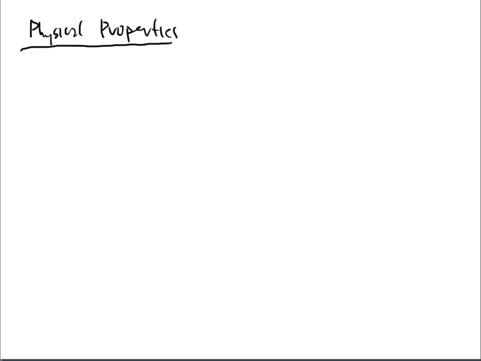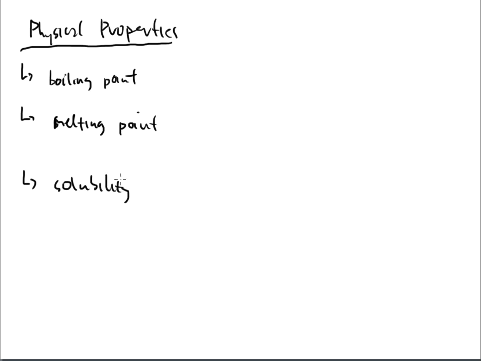talk about. There's going to be some physical properties that we're going to focus on with these organic types of molecules. The first one is going to be a boiling point. The second one is going to be a melting point. Very related. The third one is going to be solubility.